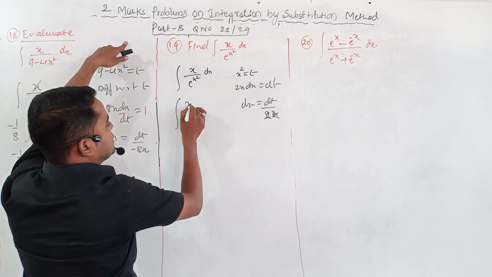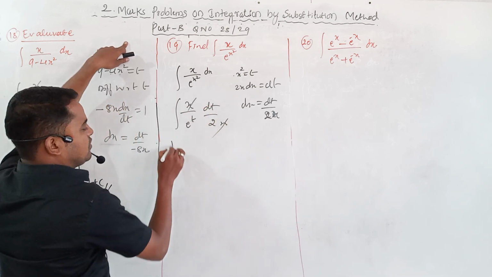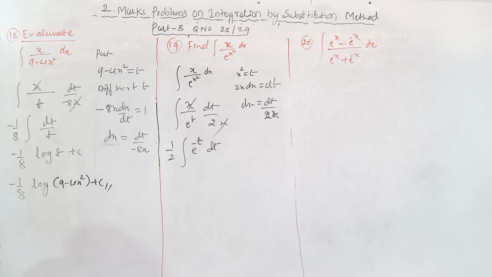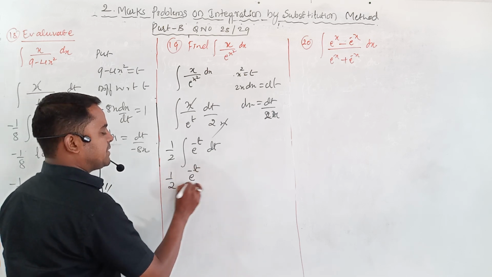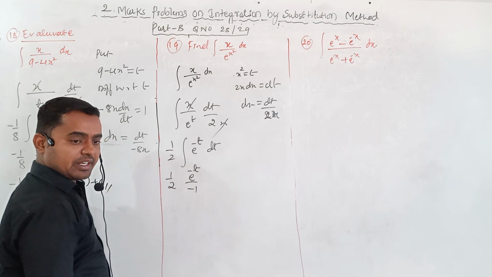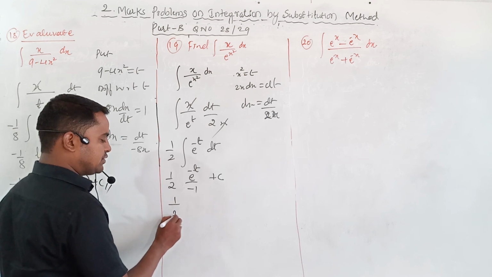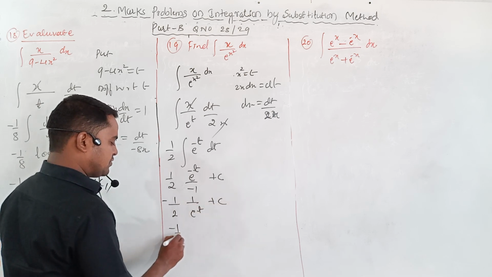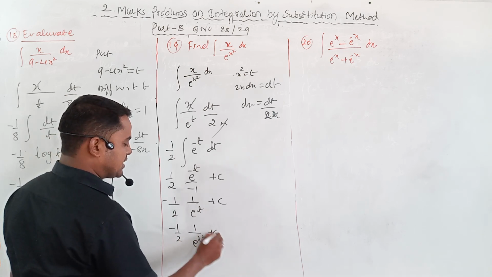Now come to here, x by e raised to t, dt by 2x, cancel. 1/2 integration of e raised to minus t. That is 1/2 e raised to minus t divided by minus 1. The coefficient of t is what here? 1, plus c. Now this one: minus 1/2, 1 by e raised to t plus c. Minus 1/2, 1 by e raised to t means what? x square. Minus 1/2 times 1 by e raised to x square plus c.